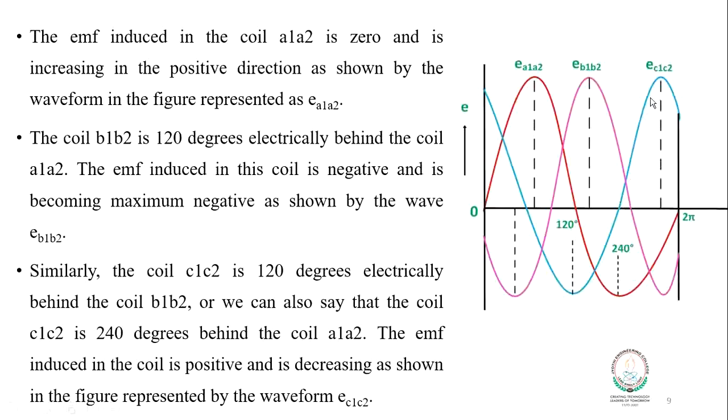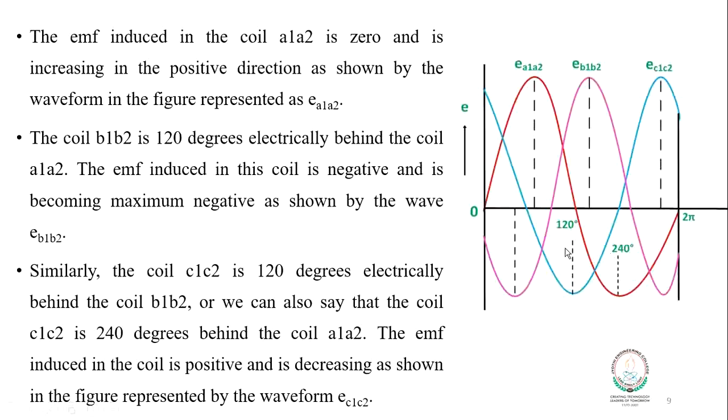It goes on increasing and then decreases. So if we extend this voltage to this side, this will be negative and it becomes 0 at this point, and then it increases in this direction. So this is the waveform of the 3 voltages.